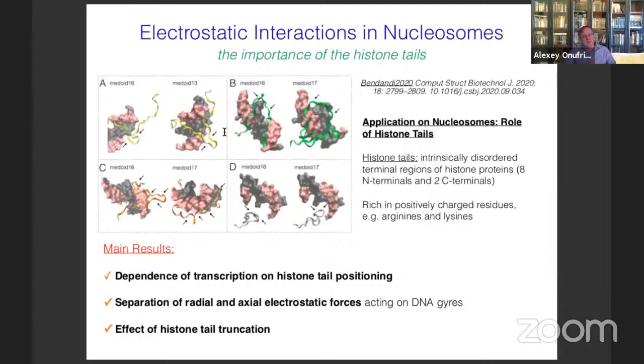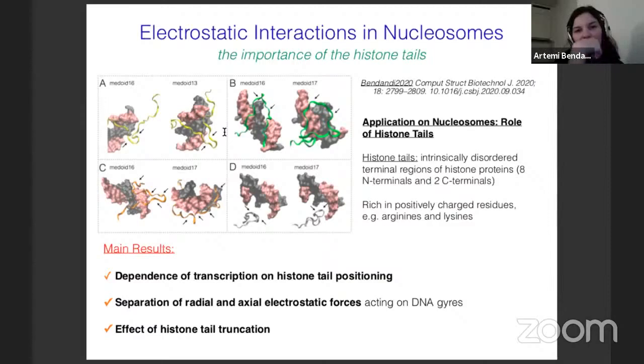Experimentally, a while back, Gottesfeld and Luger measured the free energy cost of cutting the tails completely, so how much the nucleosome is destabilized if you cut the tails. The answer is about 1 to 2 kcal per mole, and this is the whole tail. So I wonder if you looked into the contribution of the C-terminals, as a way of connecting with reality, or if you haven't, that may be a suggestion for the future.